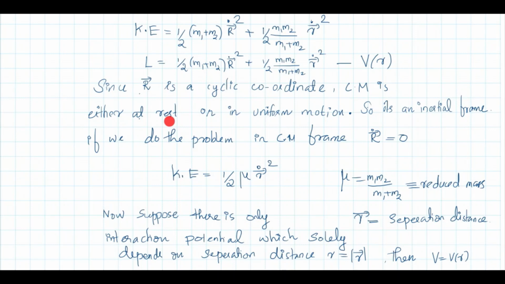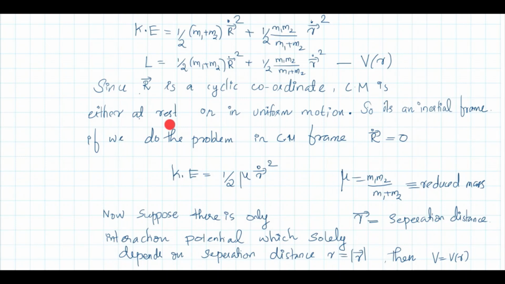The implication of R as a cyclic coordinate is that either the system's center of mass is at rest, or the system's center of mass is in uniform motion. Conjugate momentum constant means m R dot is equal to a constant. So either R dot is 0 or R dot is a constant.